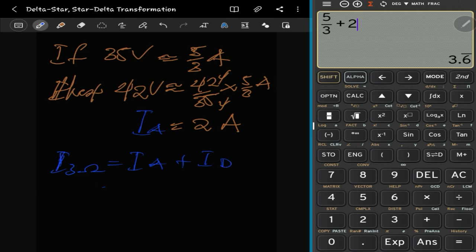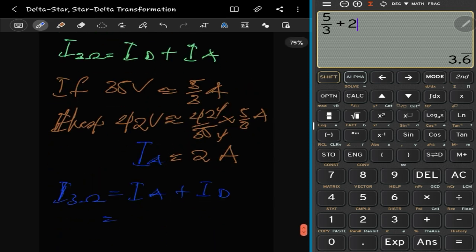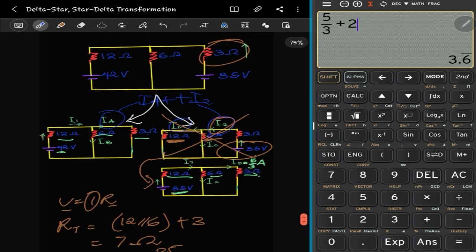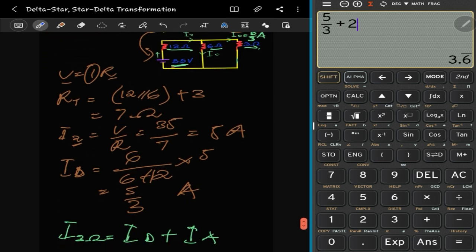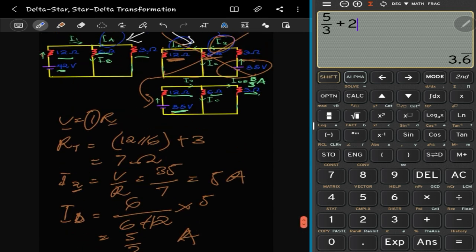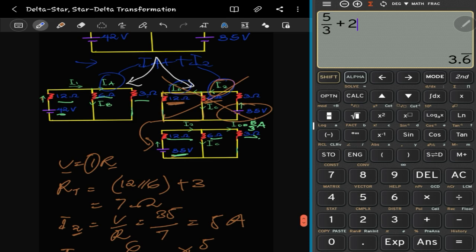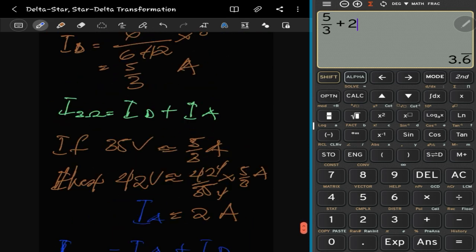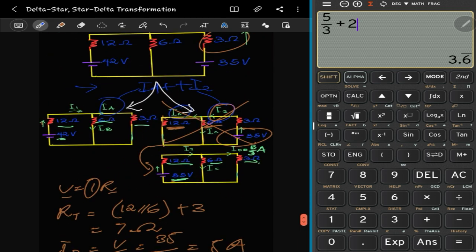Okay, so now we are going to the diagram. Looking at it very well, IA moves in this direction. From this, we have to choose a convention. You can choose anyone, but the direction will just tell whether it's positive or negative, or the other way around.